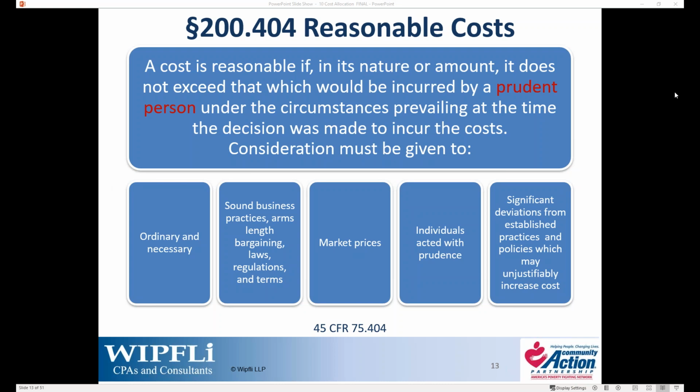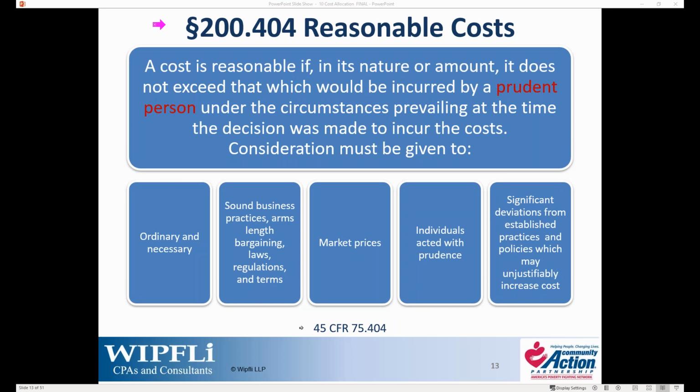Now, I do want to point out the references on here in case you are not familiar with them. Anything referenced with a 200 point something comes from the uniform guidance. This is the Office of Management and Budget's version that affects all organizations that expend federal funds. When it was enacted in 2014, some departments were allowed to make revisions to the uniform guidance.